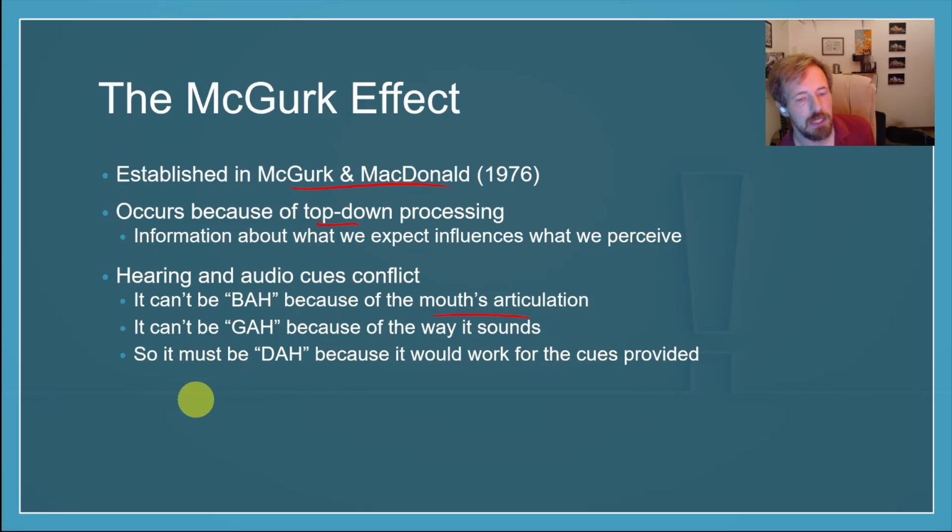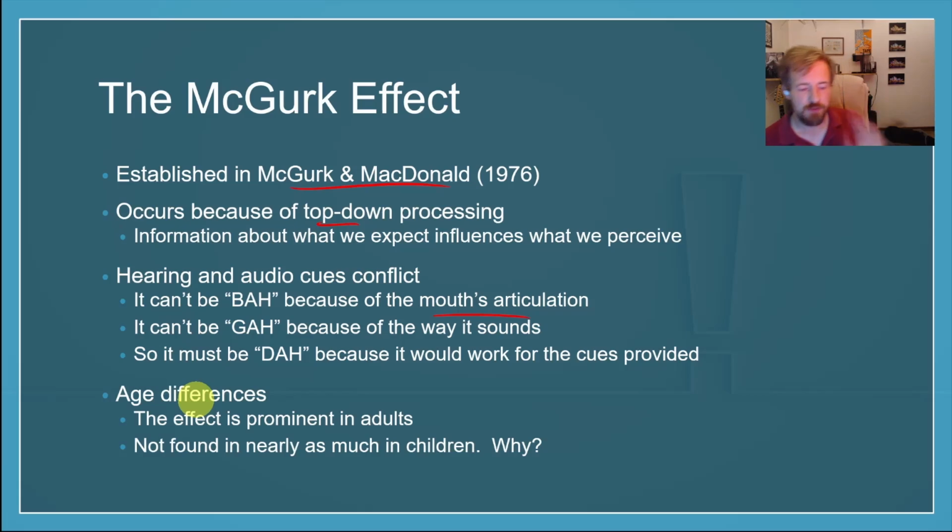We're looking at that and we're like, okay, it can't be ba, because we see that the mouth isn't puckering up, it's not completely obstructing the airflow at the lips. But it can't be ga, because it doesn't really sound like ga. So it has to be something else, and I guess the only outcome would be da. So this is an example of how quickly the brain is resolving these conflicts, using categorical speech perception to do that.